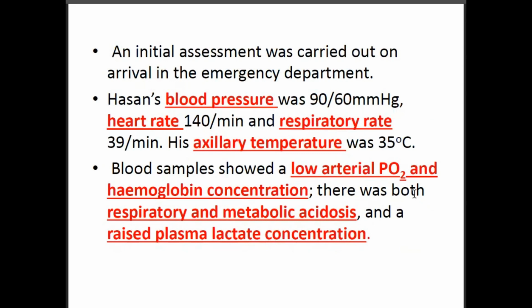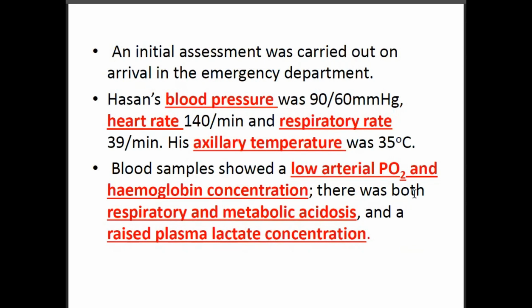Okay, so an initial assessment was carried out on arrival in the emergency department. Hassan's blood pressure was 90 over 60, which is the definition of shock. Heart rate was 140 per minute, which is tachycardia, and respiratory rate 39 per minute, which is tachypneic. His axillary temperature was 35.